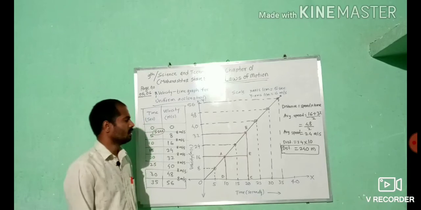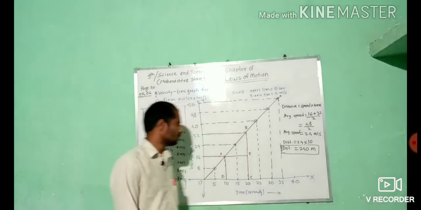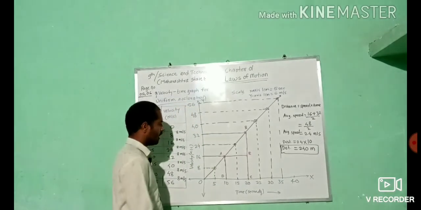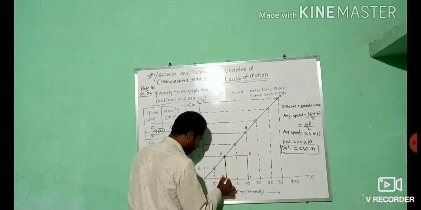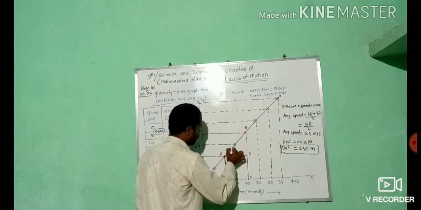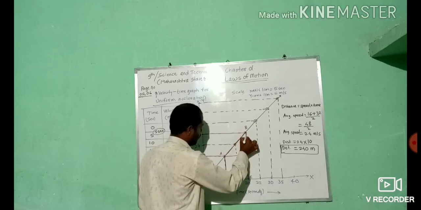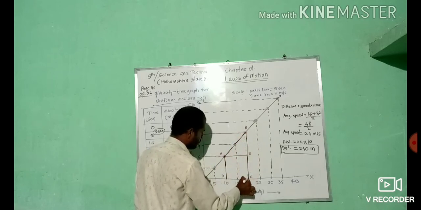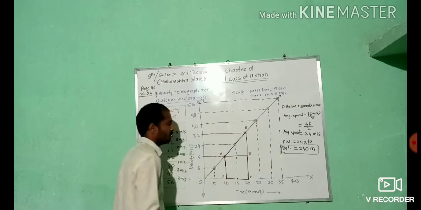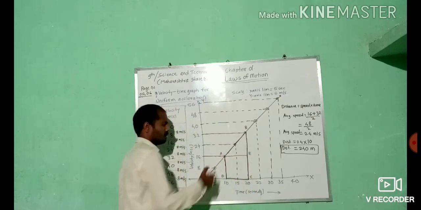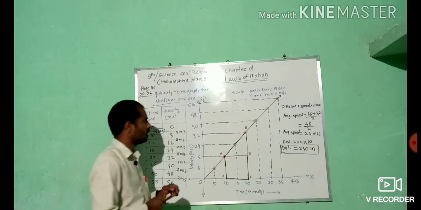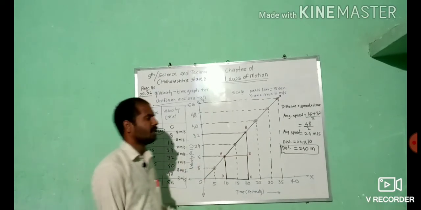What is the distance here? 240 meters. Now, is there any relationship between the area of that figure A, B, C, D and the distance S? We have learned in the previous example that there is a relation.